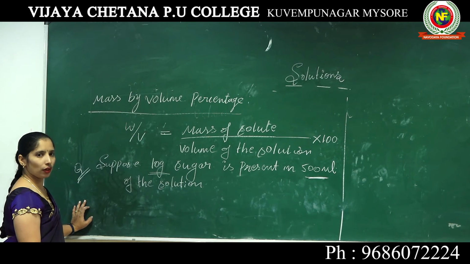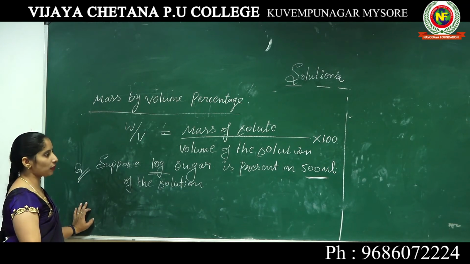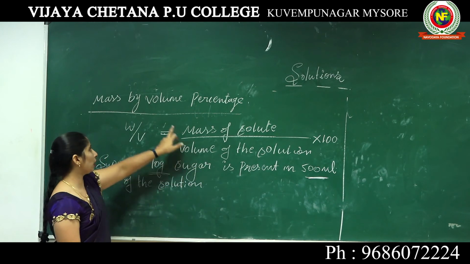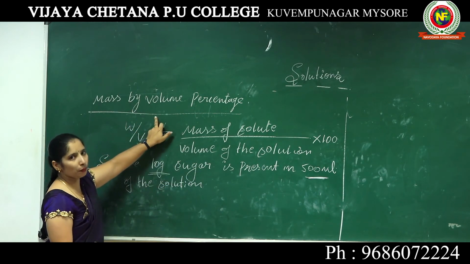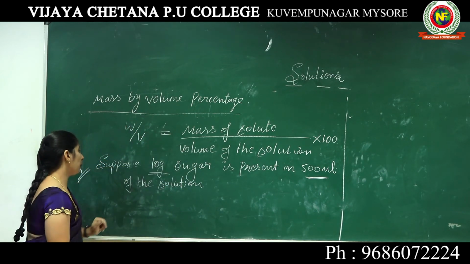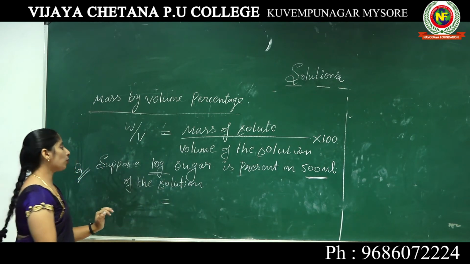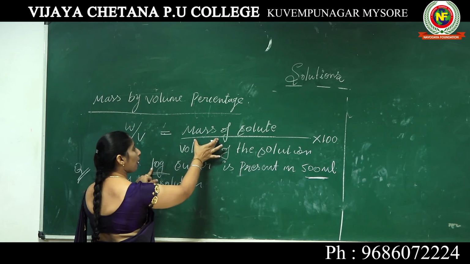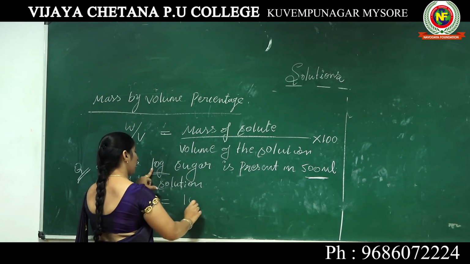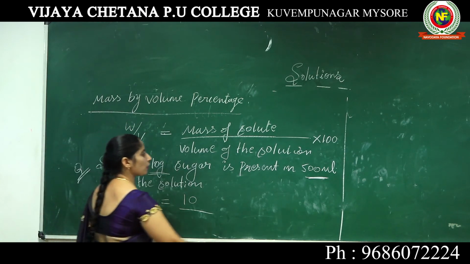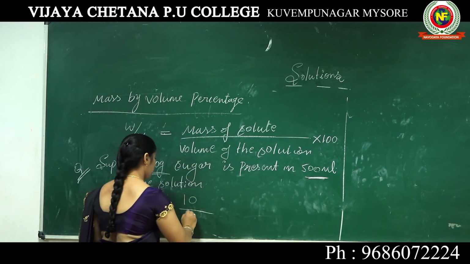We know that there is one way to express the concentration of the solution having the mass and the volume, that is mass by volume percentage. Then substitute the values into this equation. The mass of the solute is 10 grams. The volume of the solution is 500 ml.